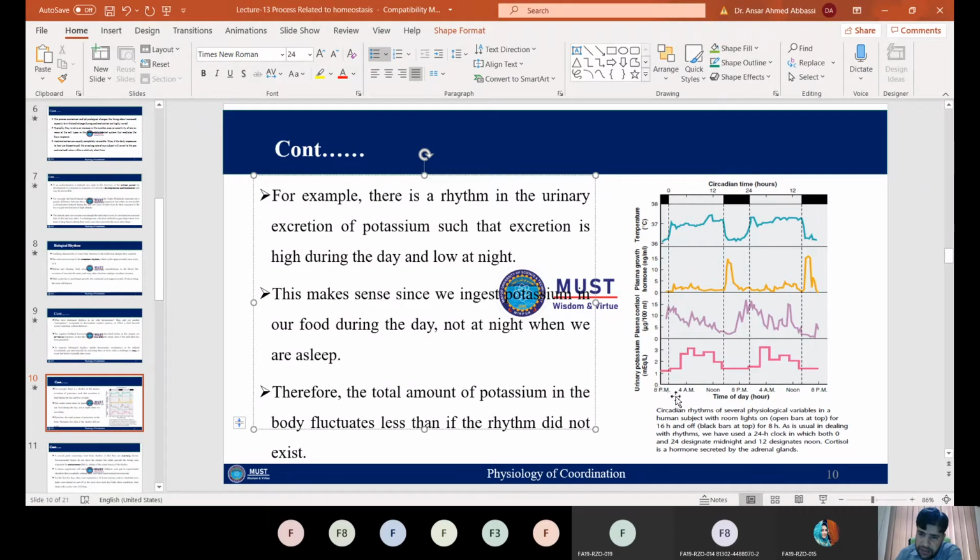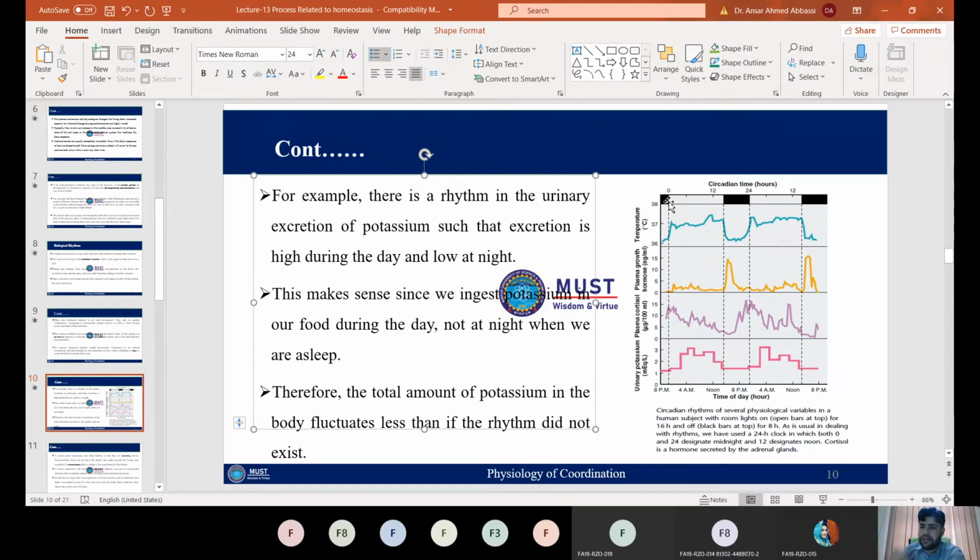When the room lights are off, it is represented by black bars. So here you can see these black bars. Black bars are actually showing when the lights are off.